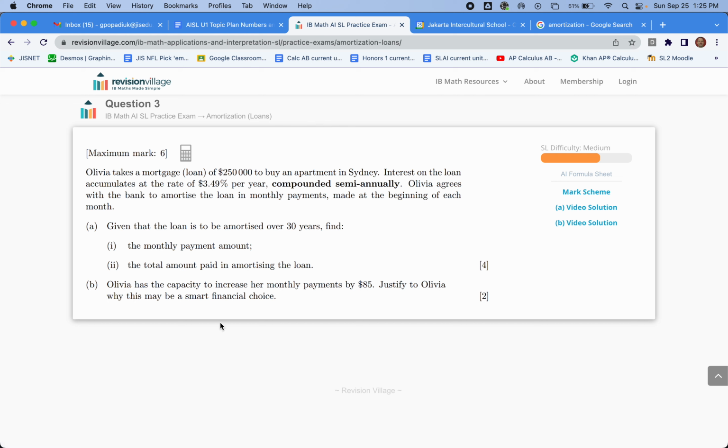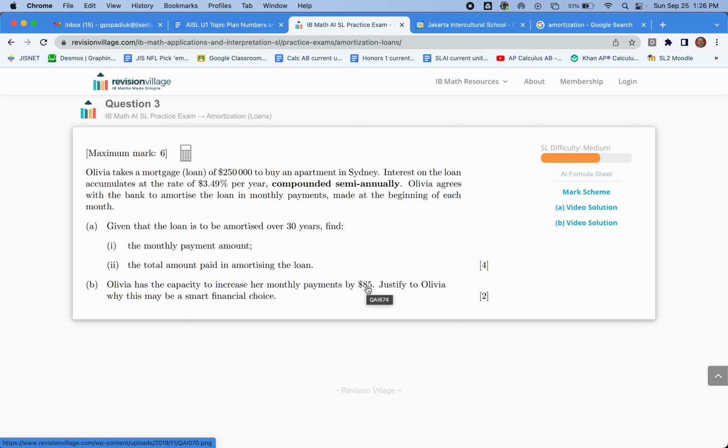Olivia has the capacity to increase her monthly payments by $85. Justify why this might be a smart financial choice. Essentially, if she pays more monthly, she's going to knock off some of that loaned amount, and there's going to be less money accruing interest. So let's change this.